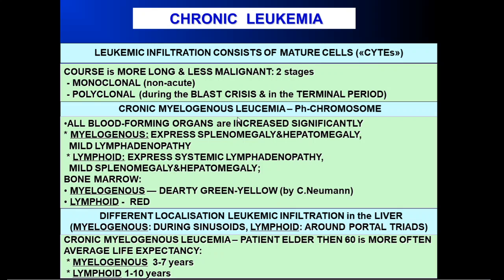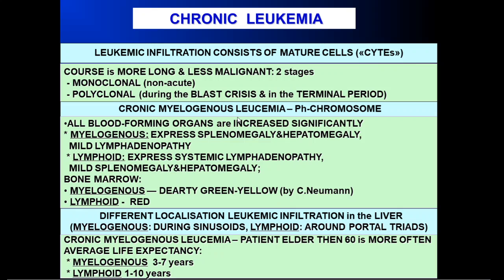So, move on. Next difference. Myelogenous leukemia expresses splenomegaly, hepatomegaly and mild lymphadenopathy. Lymphoid, on the other hand, expresses systemic lymphadenopathy, so more significant for lymphoid leukemia is an increase of lymph nodes, and mild splenomegaly and hepatomegaly.